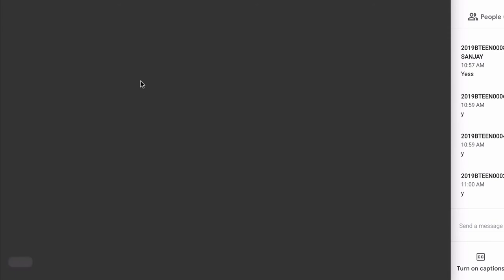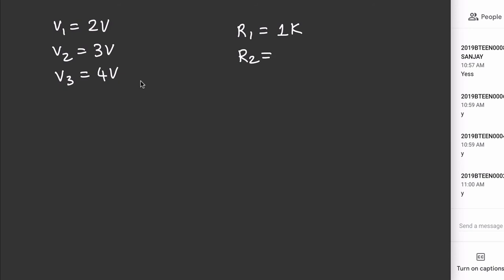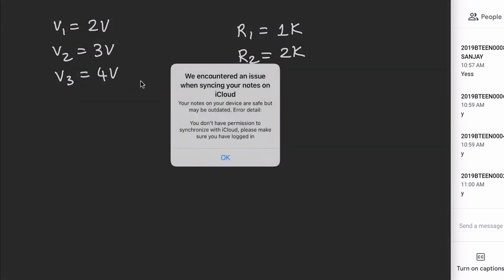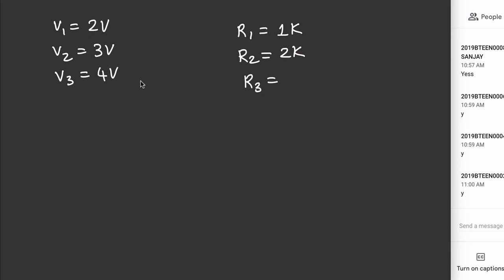Suppose the input is V1 equal to 2 volt, V2 equal to 3 volt, V3 equal to 4 volt, R1 equal to 1 K, R2 equal to 2 K, R3 equal to, I think we'll keep life simple, we'll keep all the resistors equal, because we want to learn the things, not do calculations, and RF equal to 5K. Now find out VO.